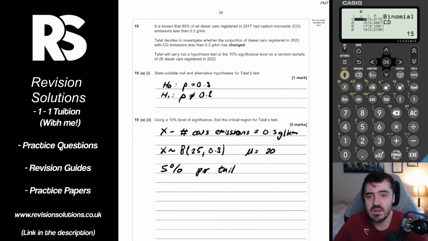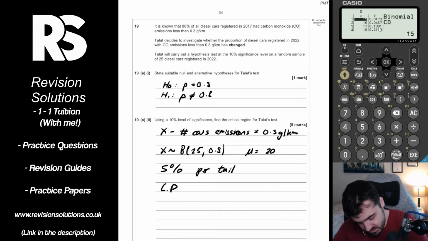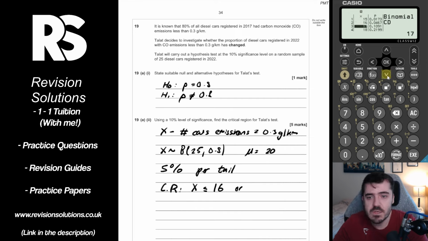So we can see for the lower tail, we cross that 5% threshold from 16, which is 4.6%, to 17, which is 10.9%. So the lower end for our critical region is x is less than or equal to 16. And the upper end is where we cross the 95% threshold. You have to be a little bit careful with the upper tail.